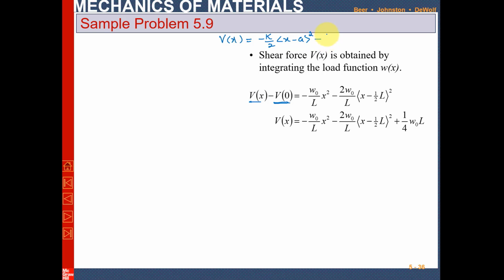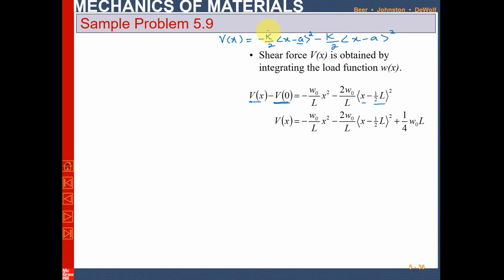So if you use the second term, that is also minus k over 2 into x minus a whole square. For the first loading where a is equal to 0, if you put a is equal to 0, that will be minus k over 2 into x square, and that will be minus k over 2 into x minus a, where a will be L by 2, which is x minus L by 2.